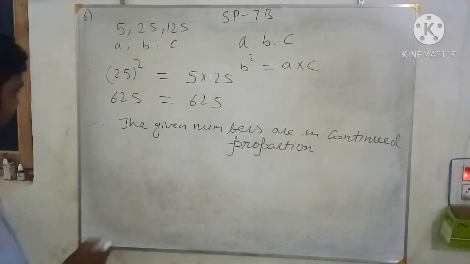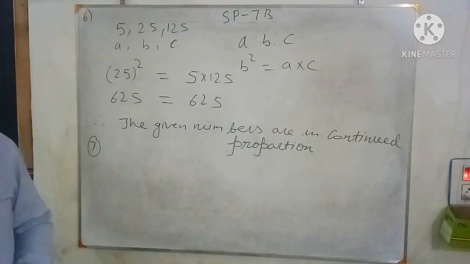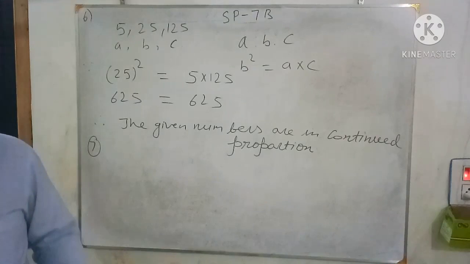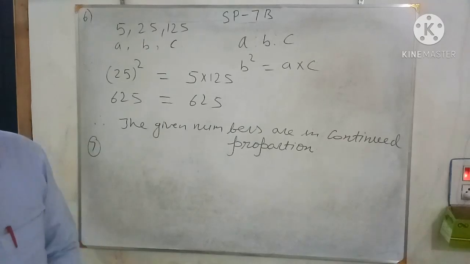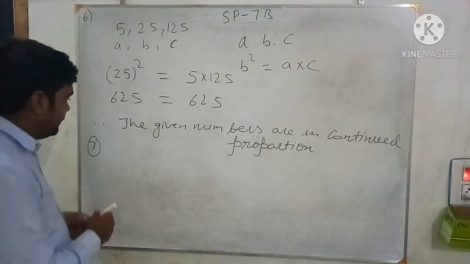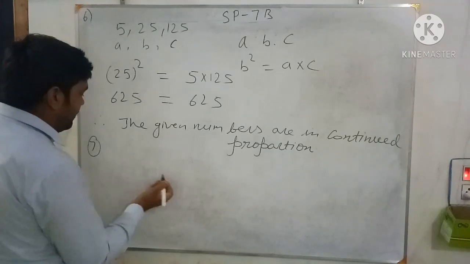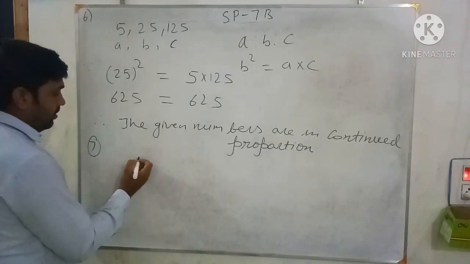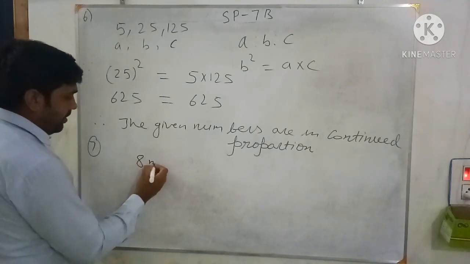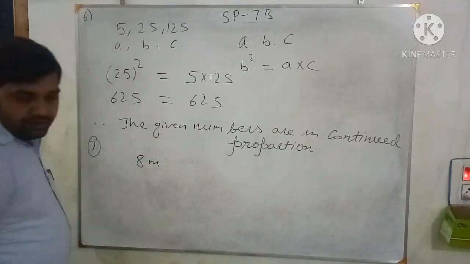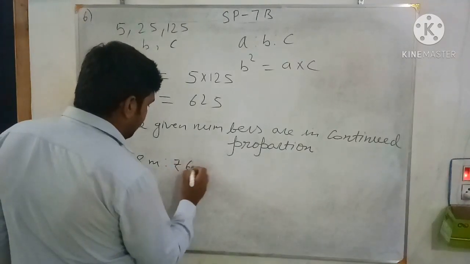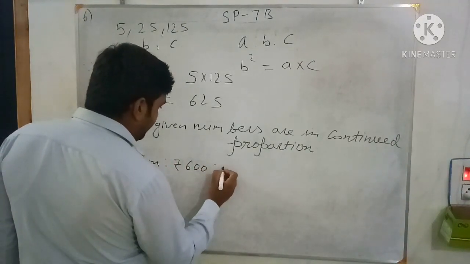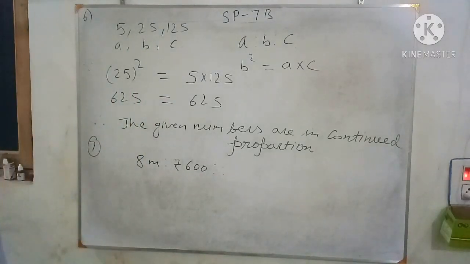Now we move to question number 7. In this question, the cost of 8 meter cloth is rupees 600. Find the cost of 15 meter cloth. So 8 meter is to 600 rupees, length is to price, as 15 meter is to the new cost.